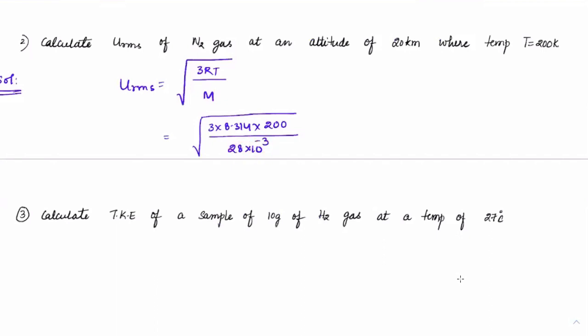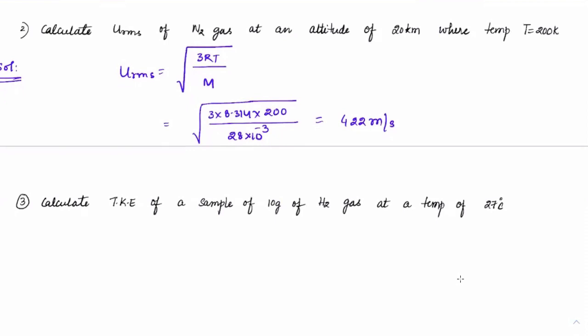Molar mass should be written in kgs now, not in grams. When you solve for this, you'll get approximately 422 meters per second. Everything is in the SI system. I guess you got this, everyone. Yes, sir. See the next one.